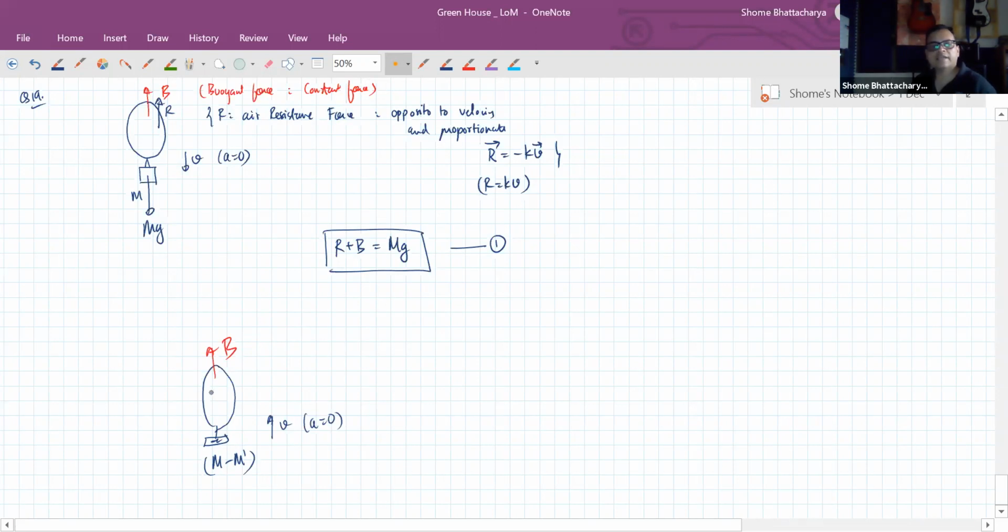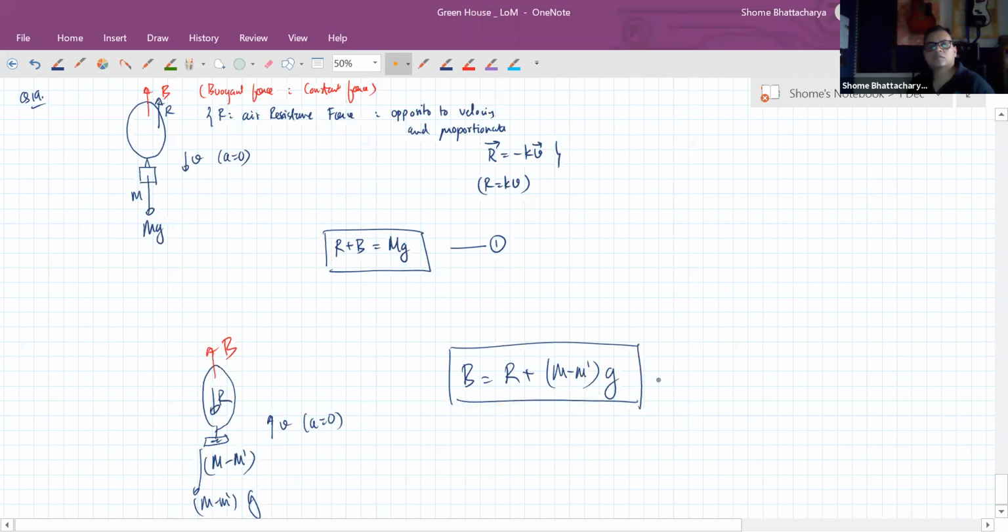So what about the air resistance force? It is downwards. And of course weight is downwards. So acceleration is zero means that this time buoyant force is balancing the sum of the air resistance force plus the weight. So this is our second equation.